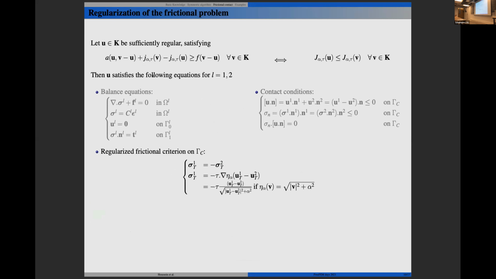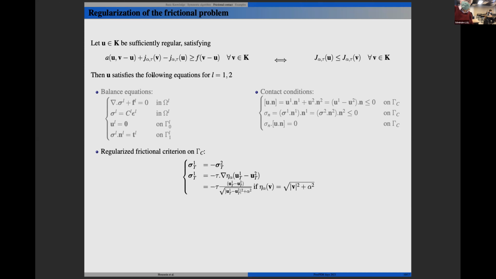Yes, if we consider our regularized Tresca problem, and the displacement field is sufficiently regular, then if it satisfies the minimization problem, we will obtain the same balance equation as before, and we will obtain a new frictional criterion, where we have a relation between the tangential stress vector and the tangential displacement field.